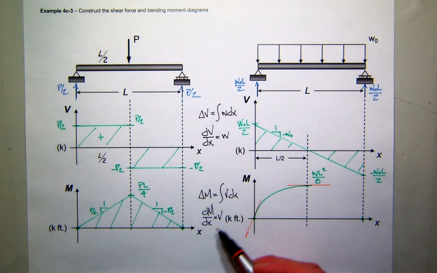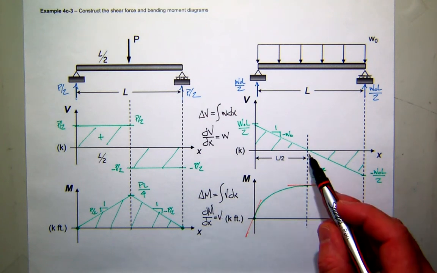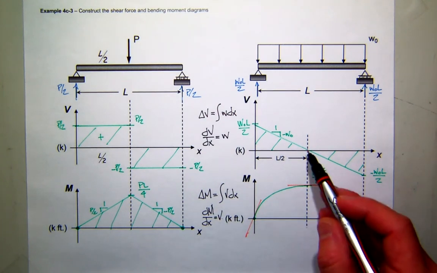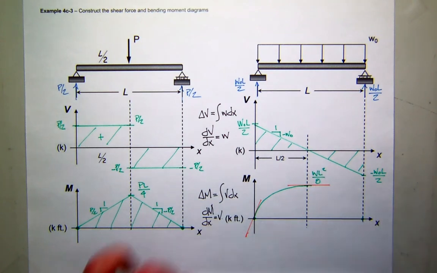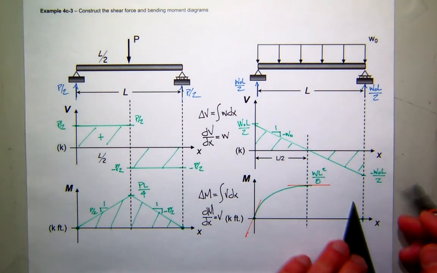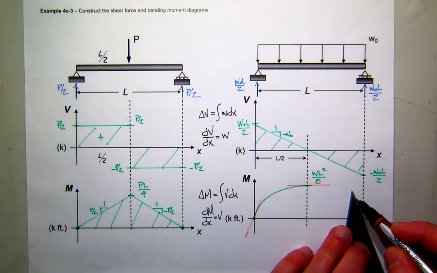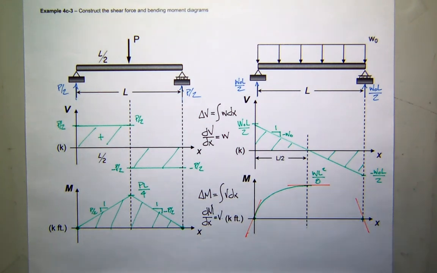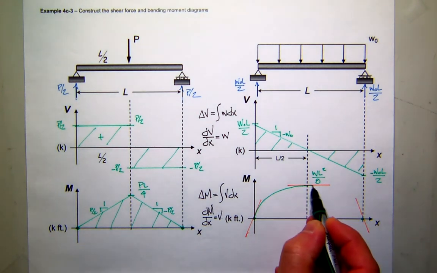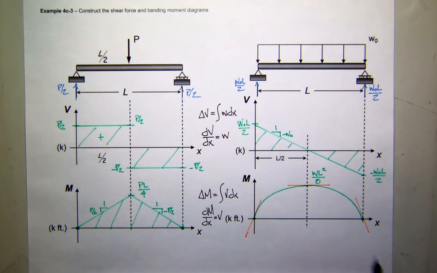The slope of my diagram is given by the shear. At this point, the shear is 0, so that's 0 slope. And then it decreases to a negative value. There's a negative slope. If I were to pencil that in, it would look something like that. My curve may not look like it, but it should be a symmetric curve.